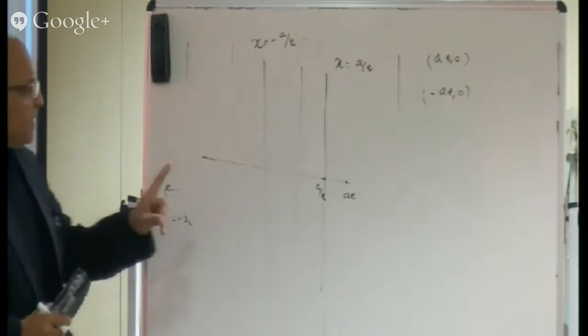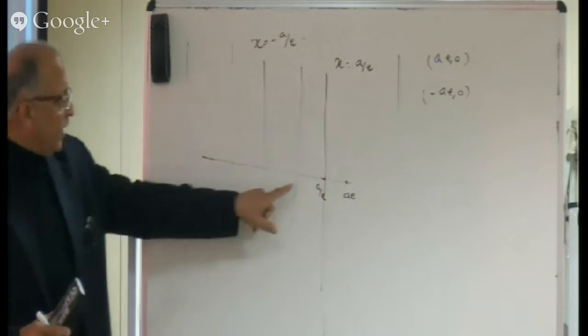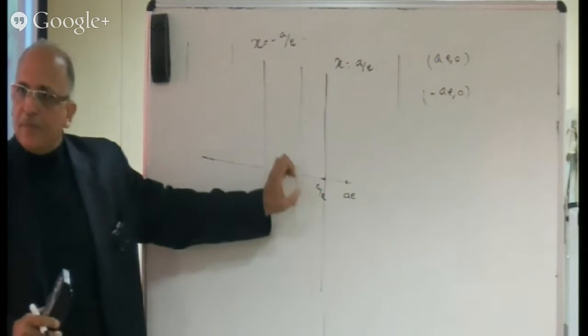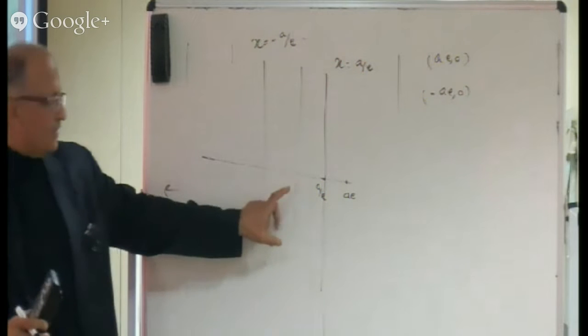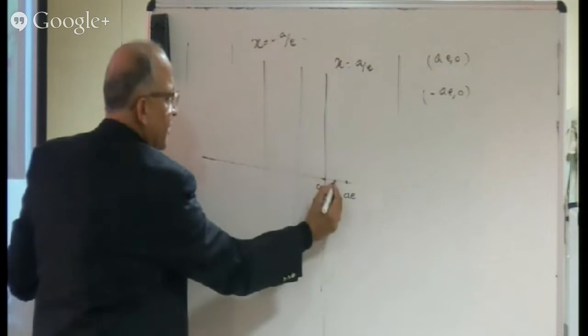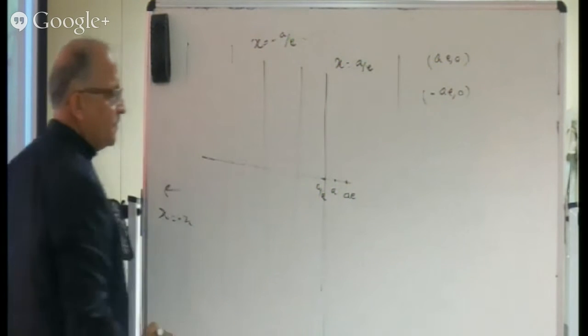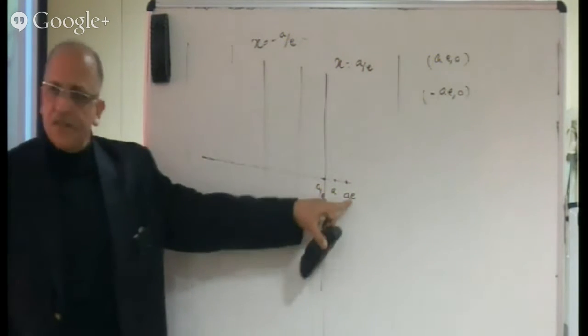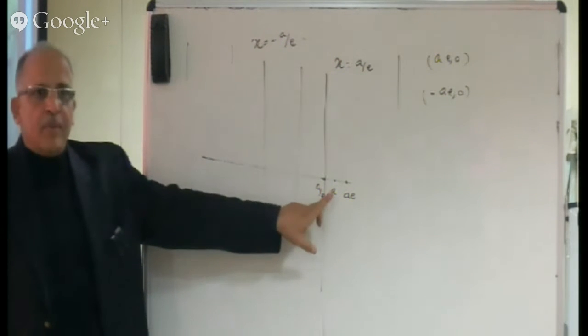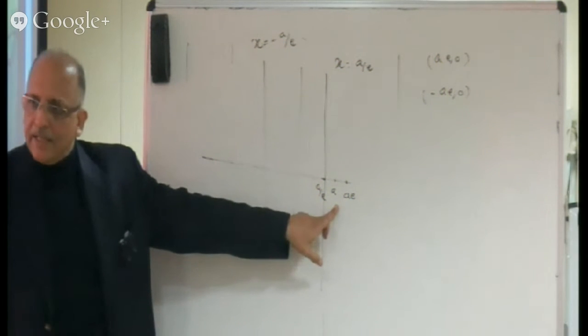Because E is a number greater than 1. When you have divided A by E, it has become smaller. This distance is less than A. So A is somewhere here. And A E is still farther. Why? This is A, and you are multiplying it by a number greater than 1.